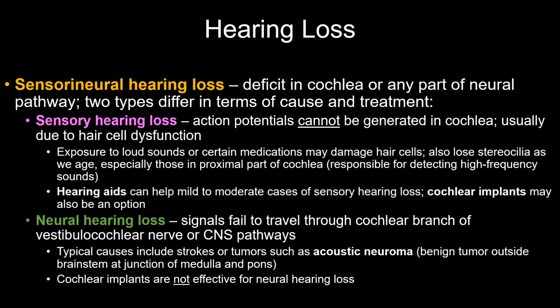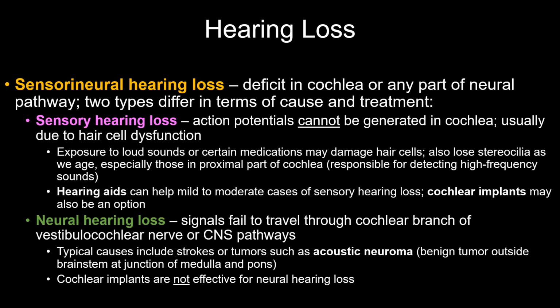But we also lose stereocilia as we age, especially those in the proximal part of the cochlea. And those are those high frequency sound detecting stereocilia, remember. So hearing aids can actually help mild to moderate causes of sensory hearing loss. We'll talk about cochlear implants in just a little bit.